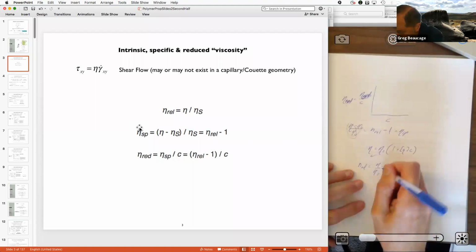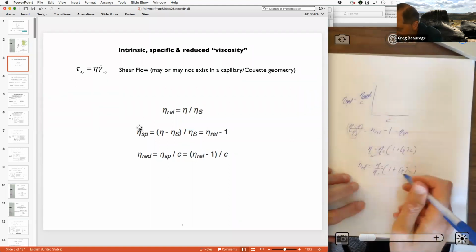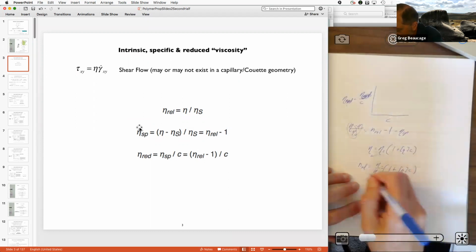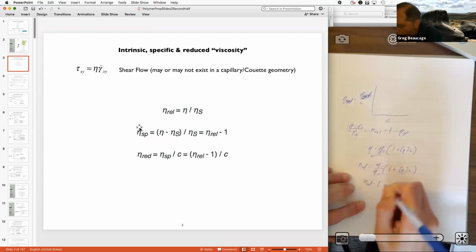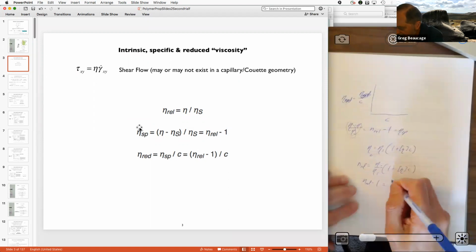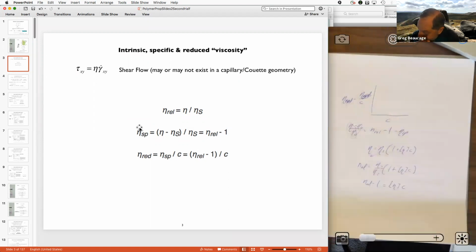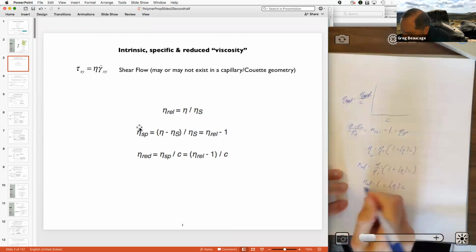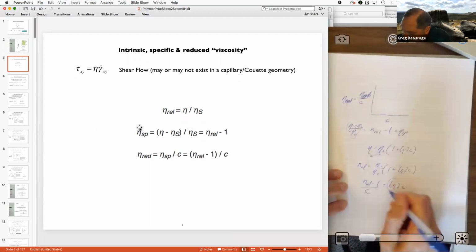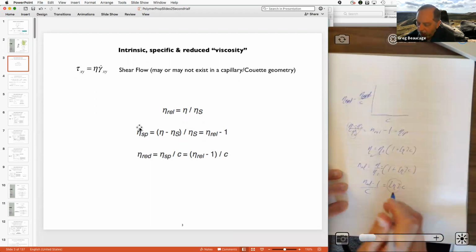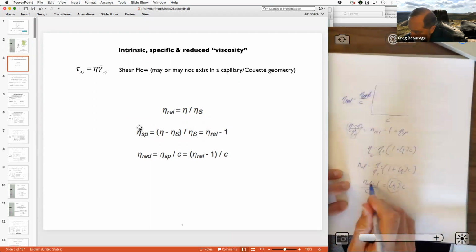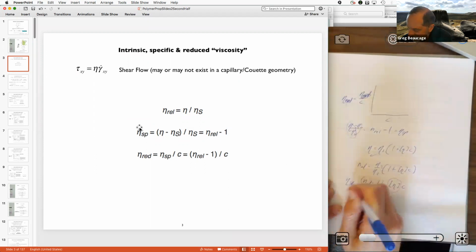And then if you take this minus 1, so if you take eta relative minus 1, sorry, that's going to be the intrinsic times C. Right, so if I divide by C, I should get the intrinsic. So if I plot that, that's the same thing as the specific, just to confuse things.